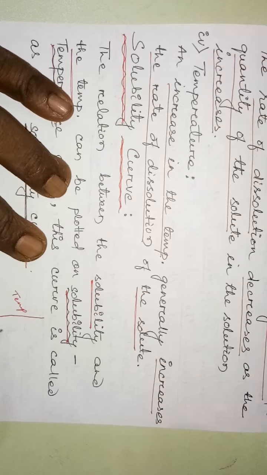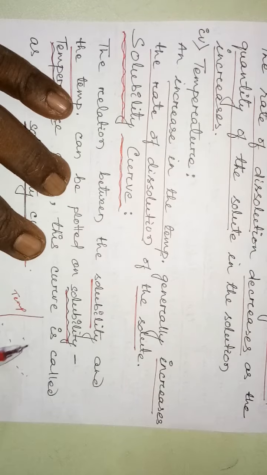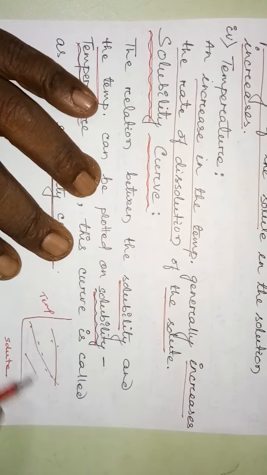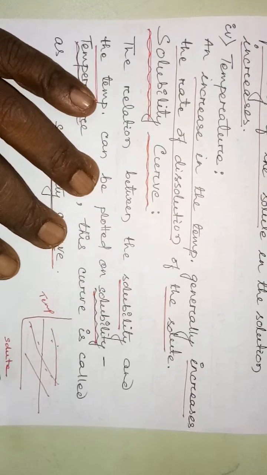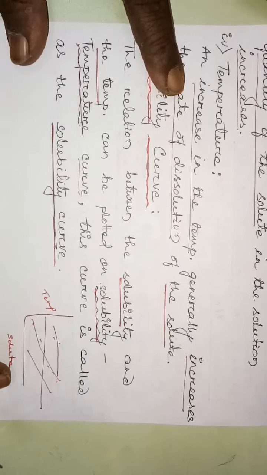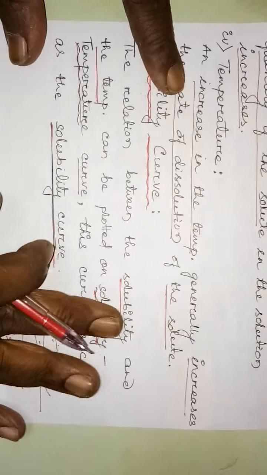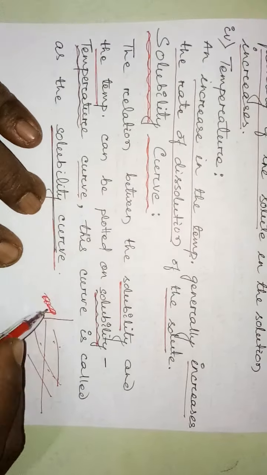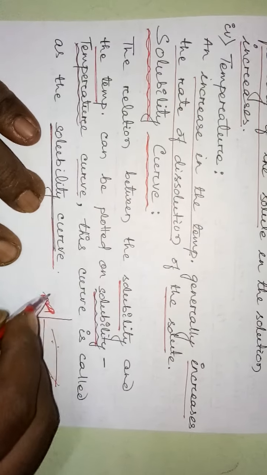The graph you are plotting here, like this or like this, is called the solubility curve. Understood? No, here on this side you will take the solubility.